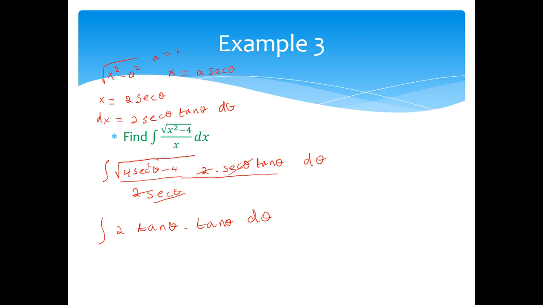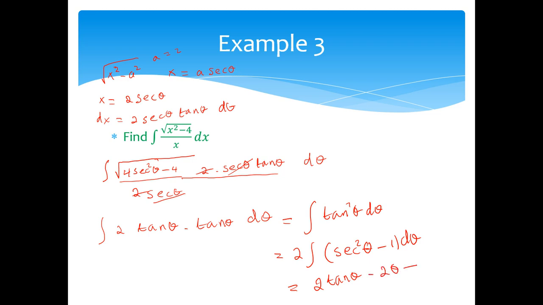So tangent squared theta d theta, and that should give 2 integral of secant squared theta minus 1 d theta, and that should give 2 tan theta minus 2 theta plus c.